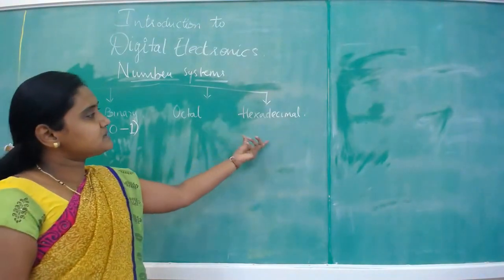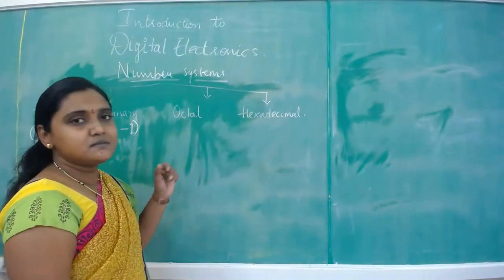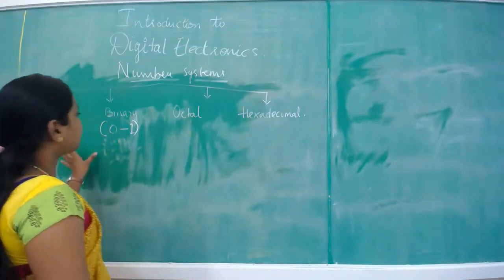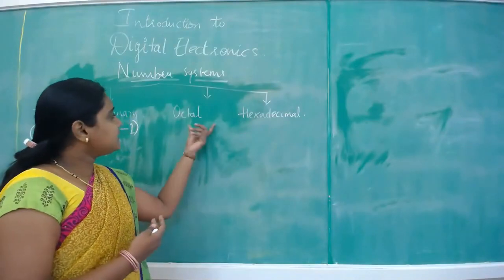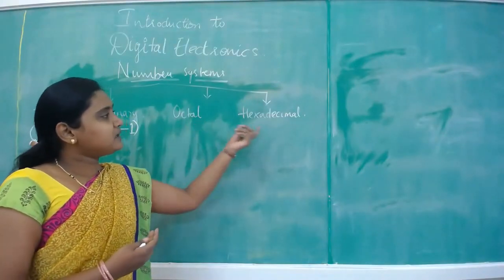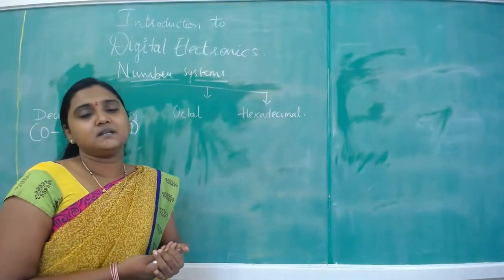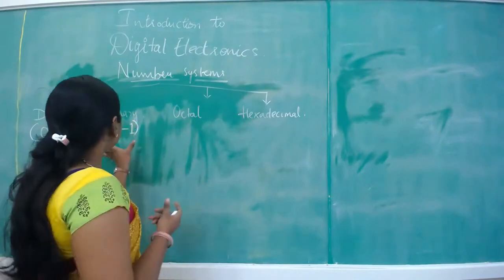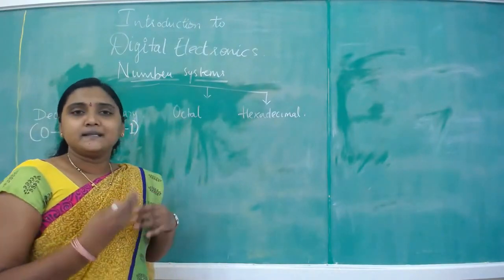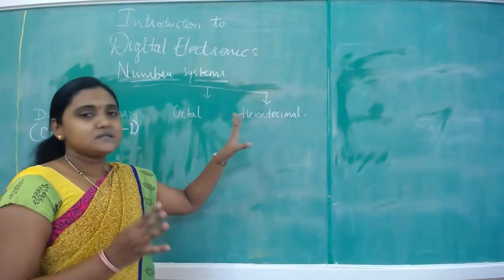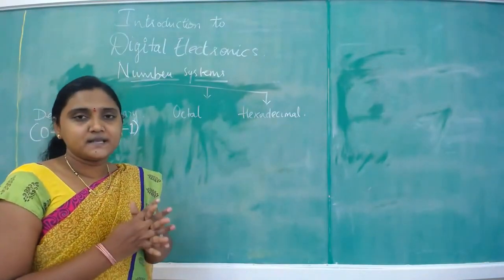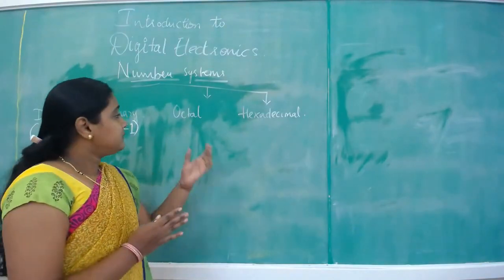Coming to the other 2 number systems, these are supporting number systems used to represent numbers for the understanding of the designer. They are practiced to represent binary numbers in a form suitable for designers, so they are very important for designers and engineers.